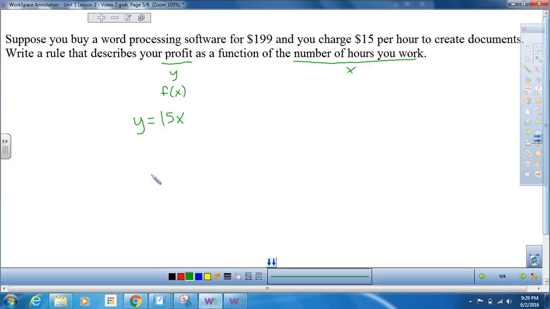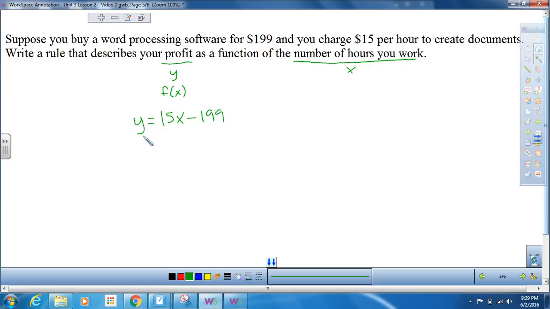Alright, now with the $199, I have to decide whether that's going to be added or subtracted. So remember, I'm writing a rule to describe profit. And you had to buy the software for $199. So you have to subtract that from your profit, because that was a cost. So minus $199.